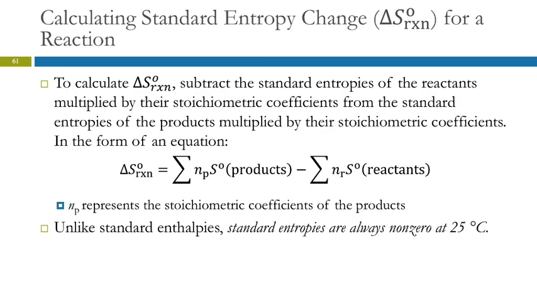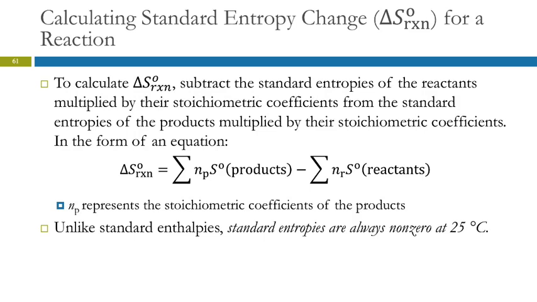So if you have more than 1 mole, you have to multiply it by the coefficient, and then the mole units will cancel out. So you use the coefficients from the balanced chemical equation, multiply by the molar entropy for all of the products, you add those up. And then you subtract the similar sum for all the reactants. So same idea as standard enthalpy change for a reaction.